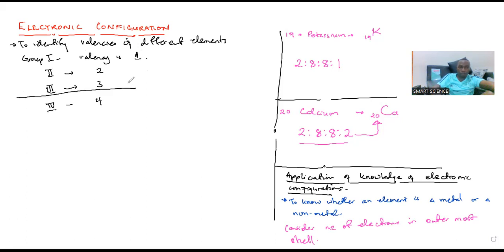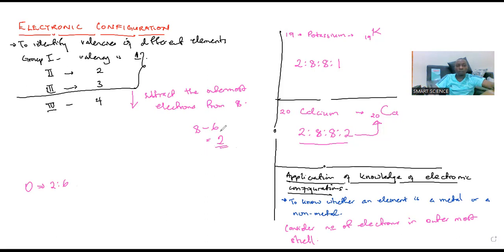However, from group 4 downwards, subtract the outermost electrons from 8. For example, if I'm having oxygen, which is 2, 6, I'll get 8 minus 6, which gives me 2.